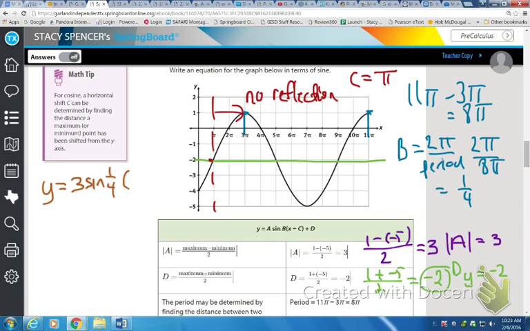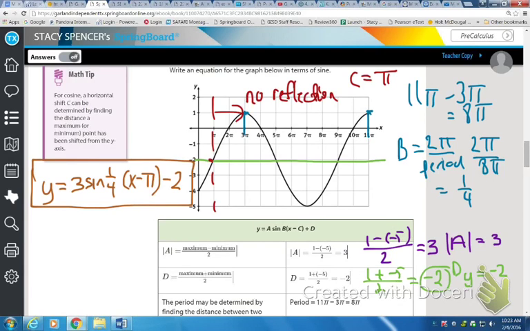And we found our phase shift to be pi, so x minus pi. And the last thing, our d, we shifted what? Down 2, or -2. And there it is. So you found all of that information given your graph.